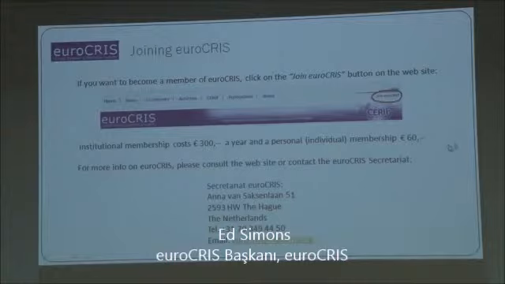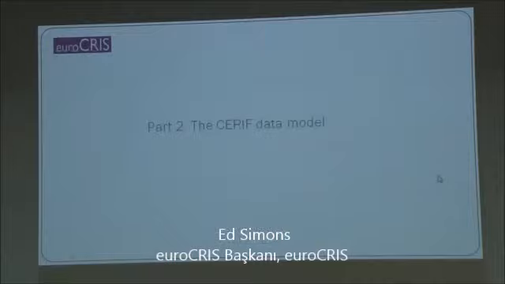I don't think that we are the most expensive, if I may say so. So for more information on euroCRIS, you can always write, phone, or mail to the Secretariat of euroCRIS, which, as said before, is in The Hague, the Netherlands, and you can find the details here on the screen.